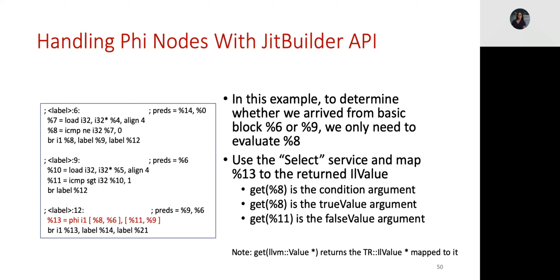Okay. So we use a select service and then map %13 to the return value, and then the only condition argument we have to use is %8, and then %8 is the true value argument if we arrive from there, and then %11 is the false value argument, which will be the case if we arrive from block 9.